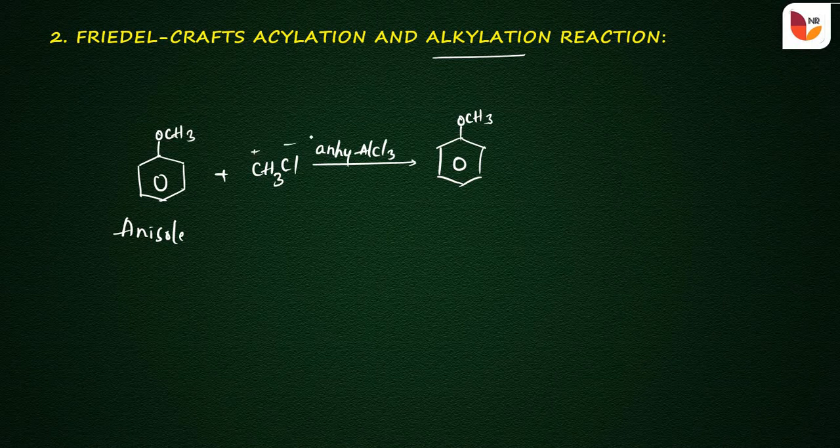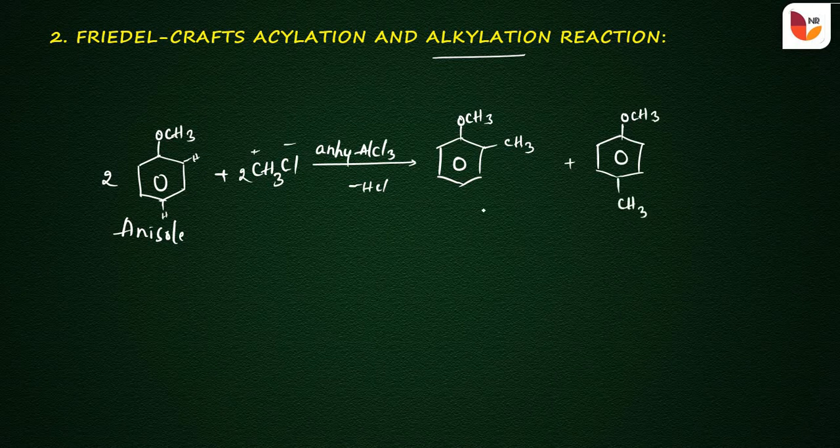CH3 carbon has plus and halogen has minus charge. So this hydrogen and this hydrogen are eliminated along with the Cl. It gives 2HCl. That is, the reaction takes place with 2 moles of anisole and 2 moles of methyl chloride. So it gives the products: one is the ortho product, CH3 attached at the ortho position, and CH3 attached at the para position.